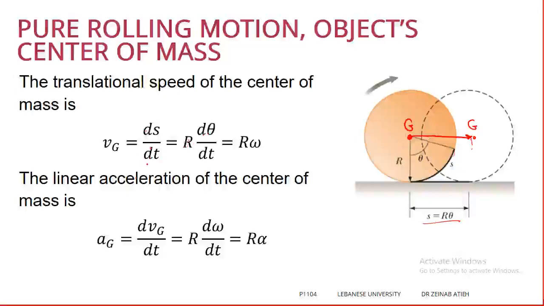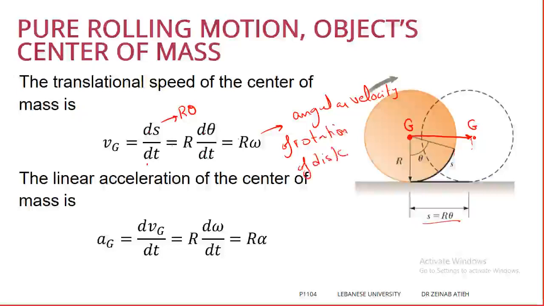It's equal to R d theta over dt، لأنه أنا عوضت الS بقيمتها R theta. الR برات الديريفاتيف because it's constant، يبقى معي d theta over dt it's equal to R omega. الأوميجا هي شو؟ الأوميجا هي عبارة عن angular velocity of rotation of disk.